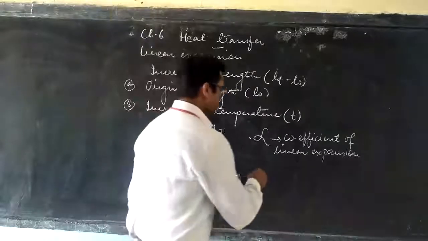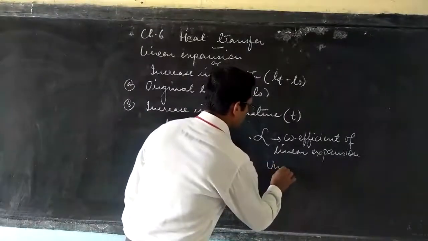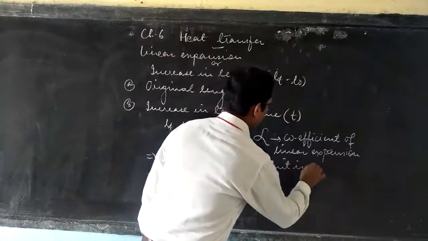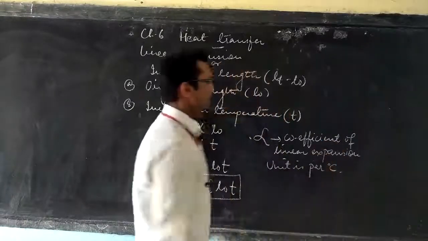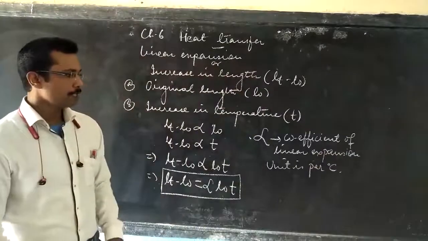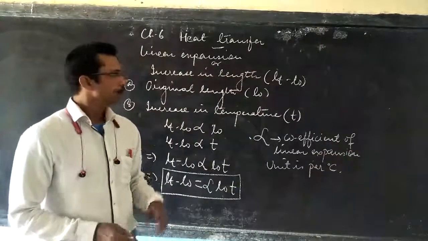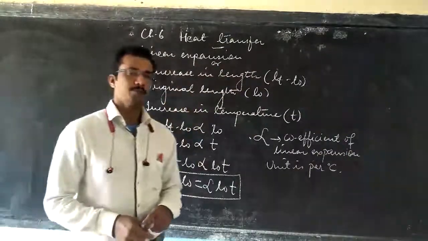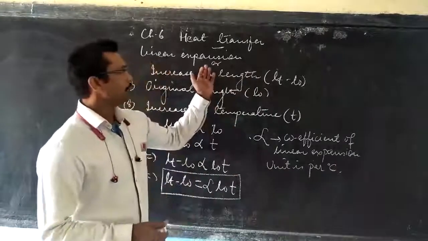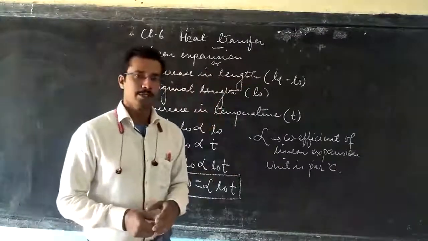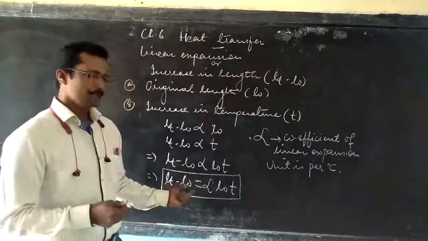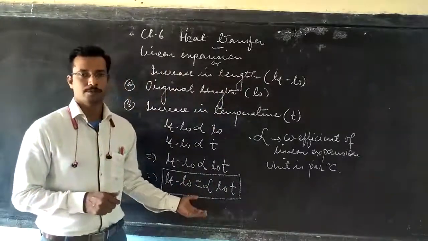So its SI unit will be per degree Celsius. So this much we have about this expansion. We can see how increase in length depends on original length and the increase in temperature. We have derived a mathematical expression for this.